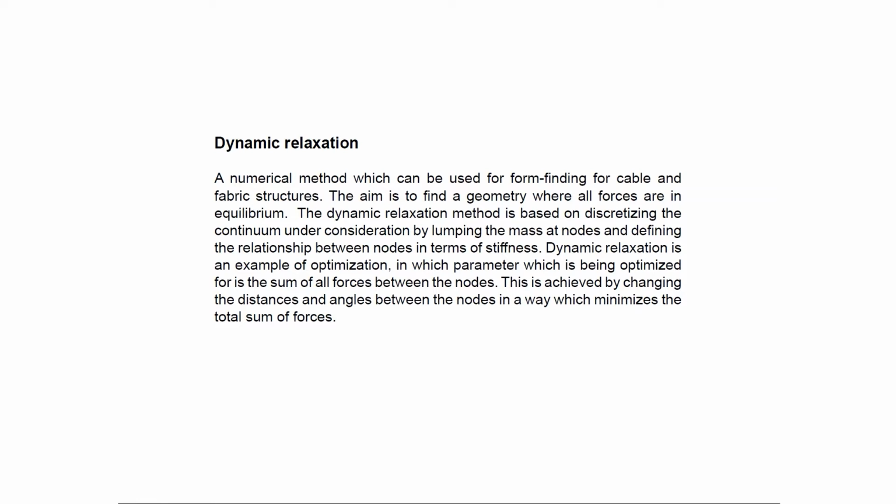Okay, and yeah, it's an example of optimization, and the parameter which is being optimized is the sum of all forces between nodes. Okay, so if you would take all the forces and see how they act on all the nodes and sum them all up, you will get one big zero quantity.